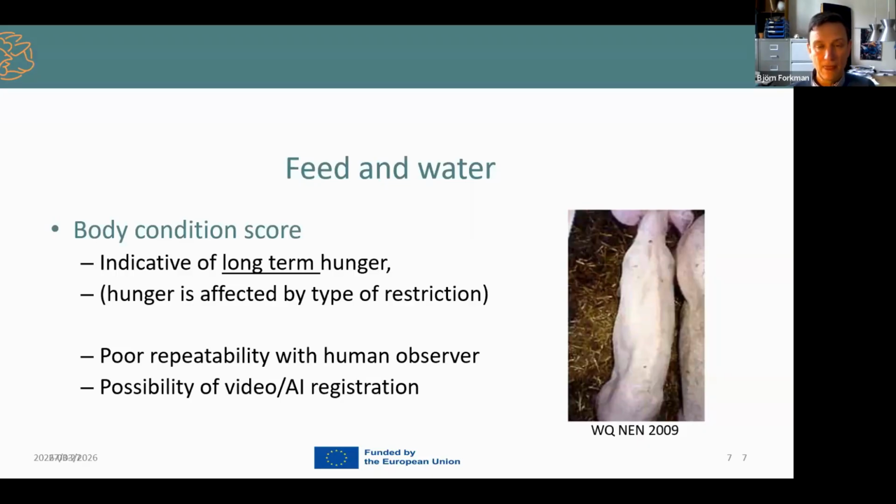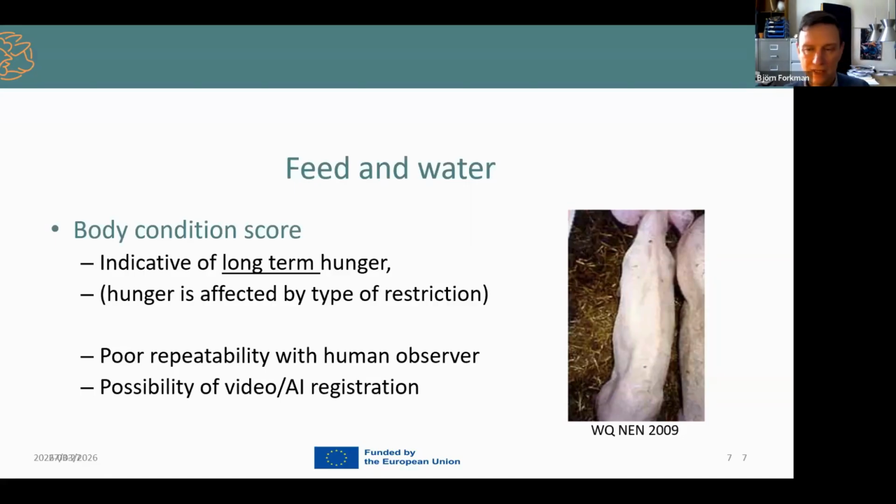The problem with using body condition are 2. So first of all, the level of hunger experienced by the animal is not directly related to the body condition.